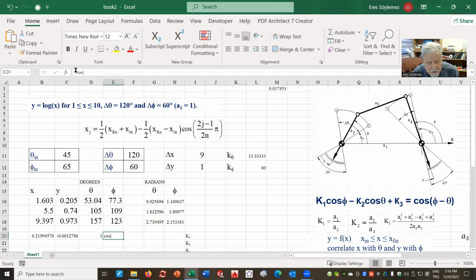The reason is you have to place an equal sign if you are going to insert a function. Otherwise, it would take it as a literal. Cosine phi minus theta.